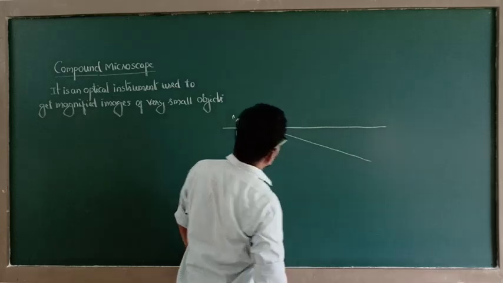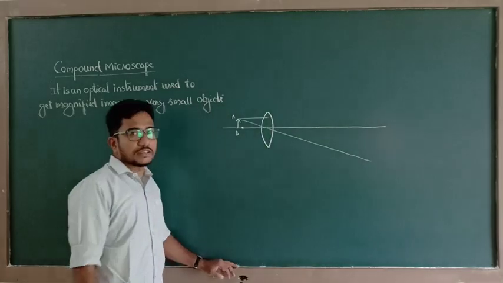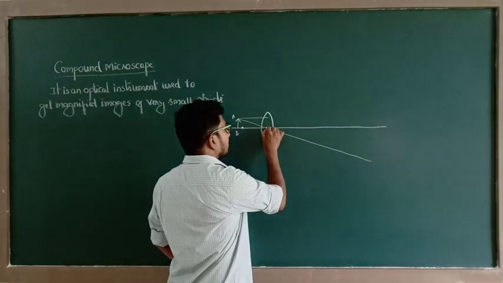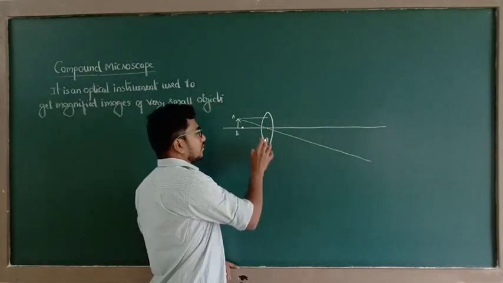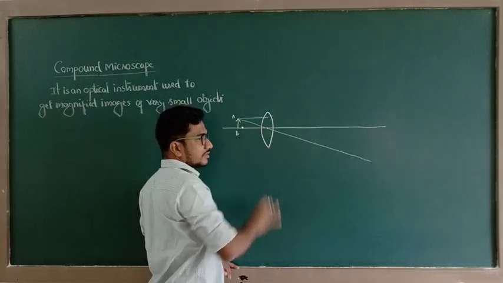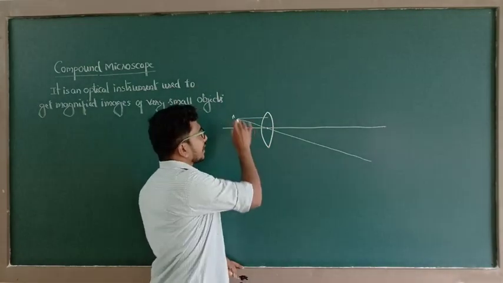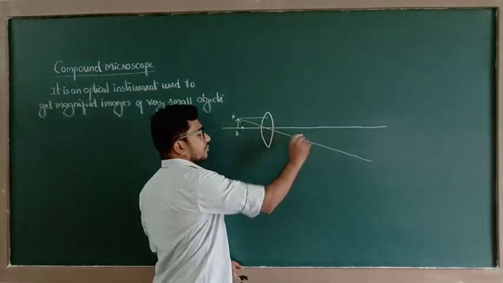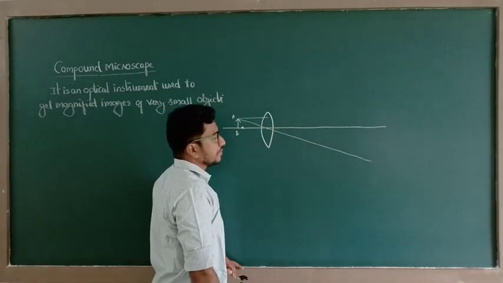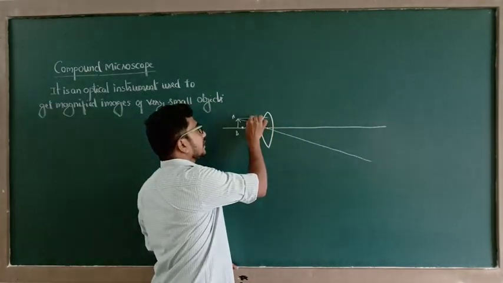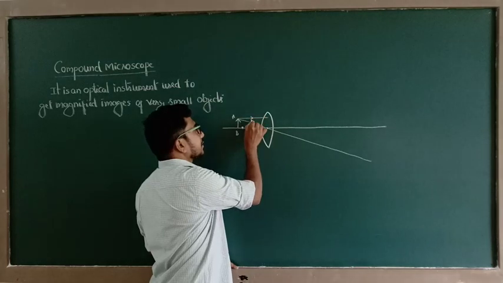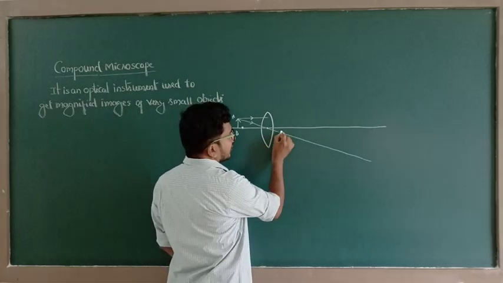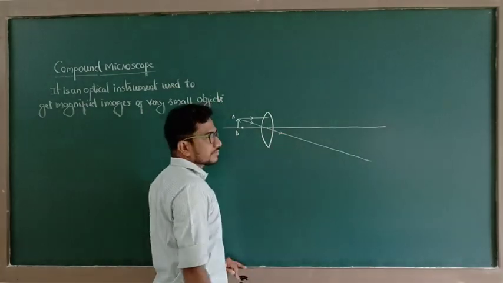Another light ray is made to pass through the optical center. So this is our optical center. You just imagine this lens is a thin lens, and hence a light ray made to pass through the optical center proceeds without any deviation. Direction of incident light ray, direction of refracted light ray.